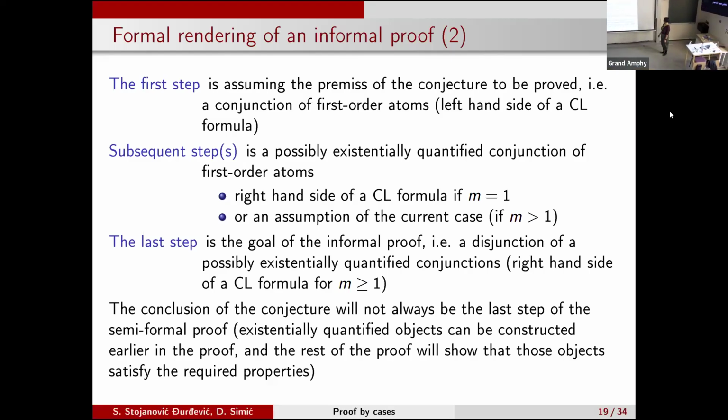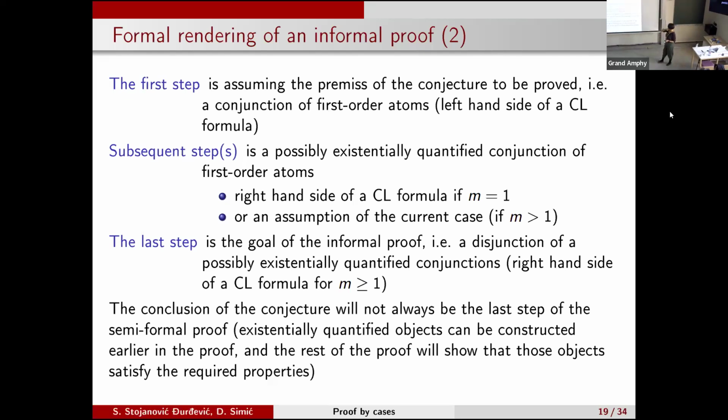It is a conjunction of first order formulas. If the current step in the informal proof is in coherent logic form, or let's say the right-hand side of the coherent logic formula, that has disjunctions, we will not write that disjunction, but we will just write assumptions one by one in the order in which they appear. And in the meantime, we need to fill the steps. So basically, we are still on either the left-hand side or the right-hand side of the formula.